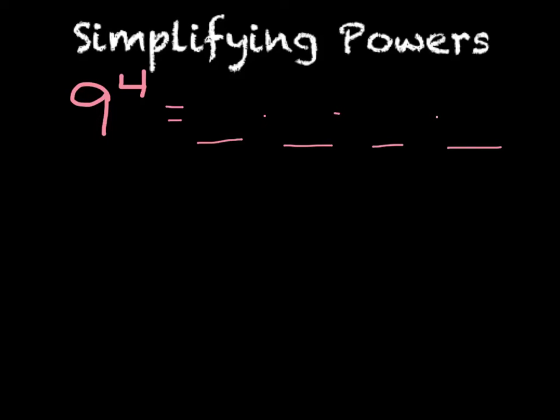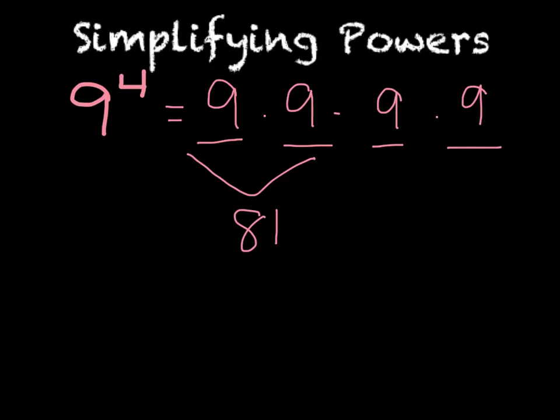This time my base number was 9, so I'm going to put 9. 9 stays the same, it stays big and moves straight across there. Again, I want to try to do as much mental as I can. I know that 9 times 9 is 81. So instead of doing 81 times 9, which I'll probably have to write out on the side of my paper, I'm going to do that other 9 times 9 to get 81. And then the only work I'm going to actually have to write out from a multiplication is whatever 81 times 81 is.